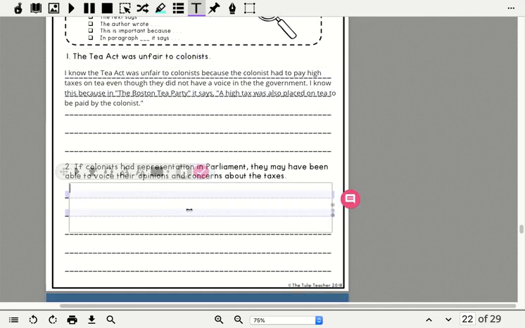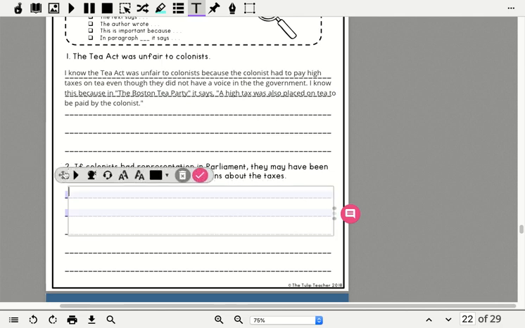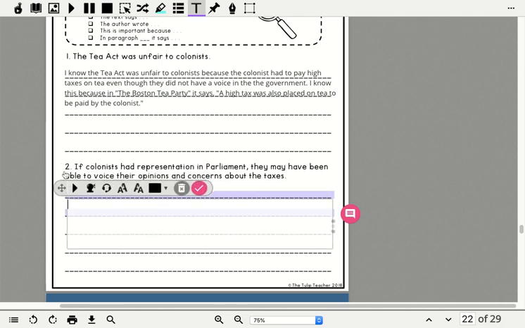This one says, if colonists had representation in Parliament, they may have been able to voice their opinions and concerns about taxes.